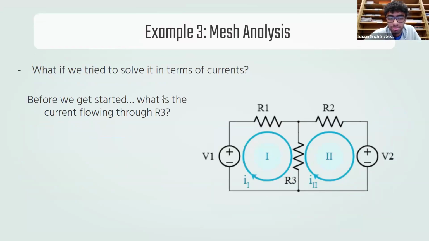It's not an easy question, but someone give it a guess. I1 minus I2, indeed. Yes. And that's the current going in this direction. What if I asked you for the current going in this direction? I2 minus I1.